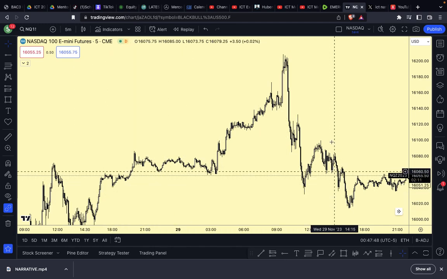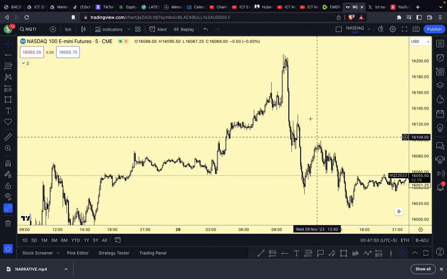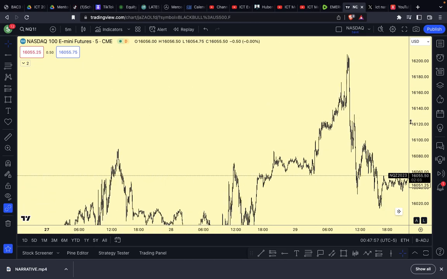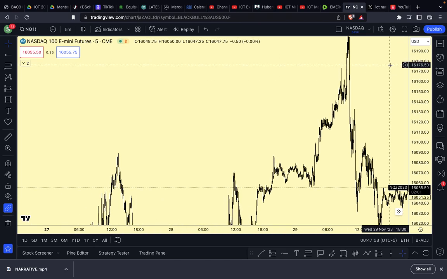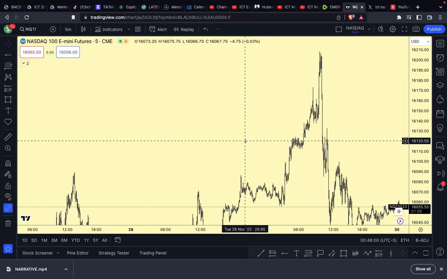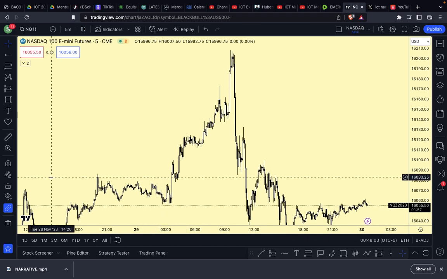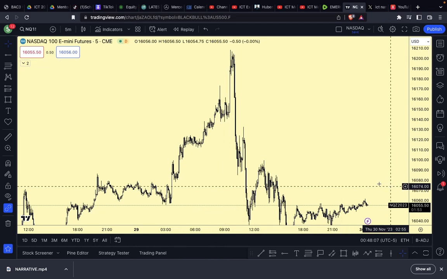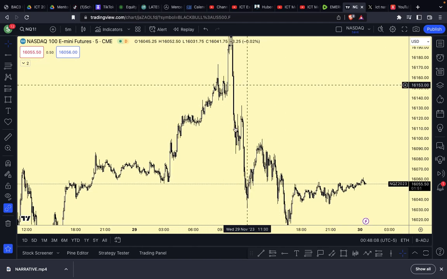So this is a full market maker buy and sell model, from the buy side of the curve all the way to the sell side of the curve, right here.